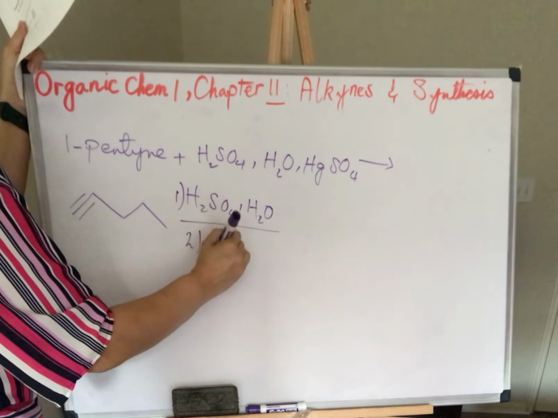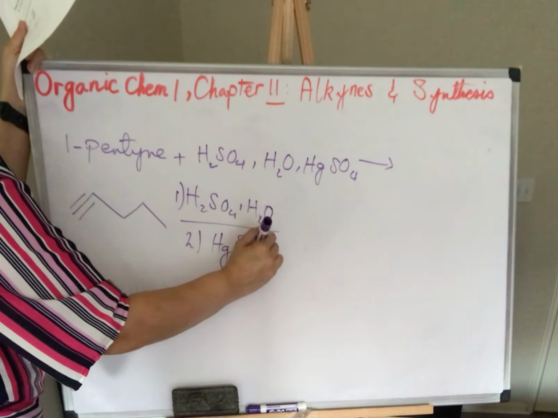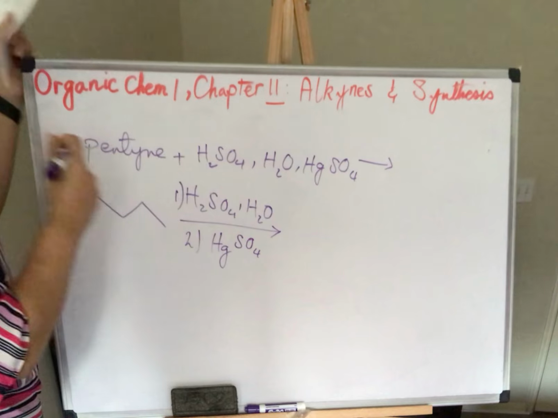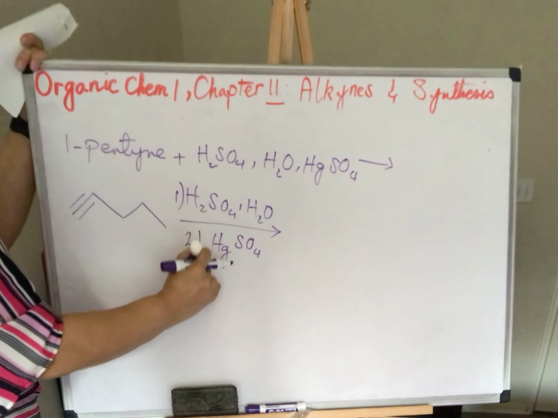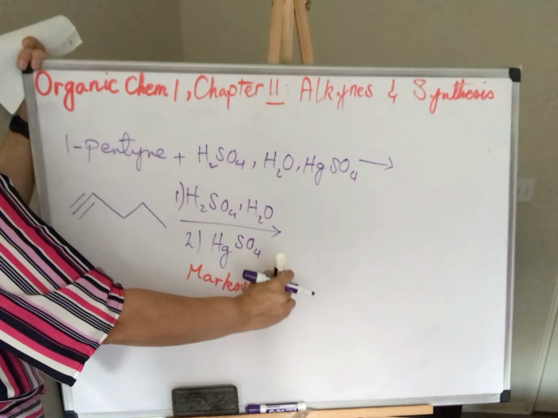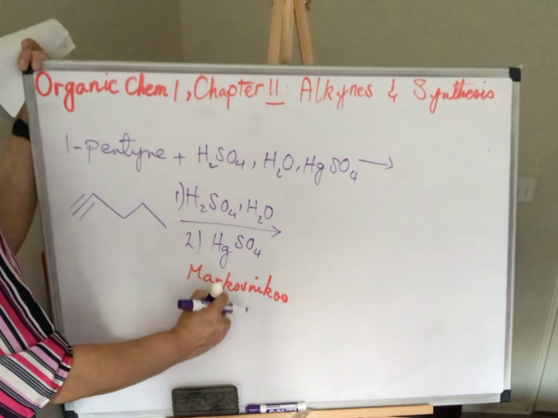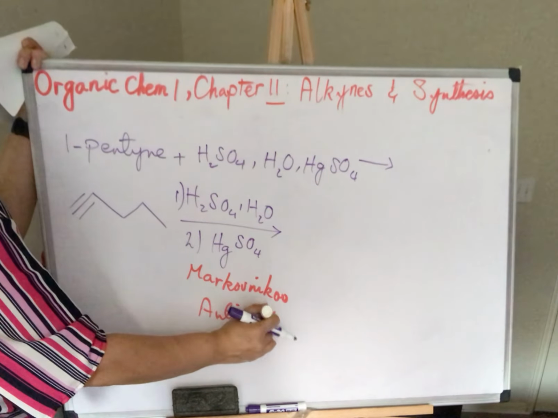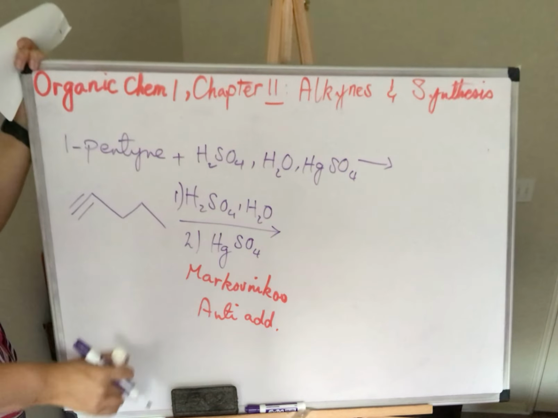And we have mercury-2 sulfate. So we have mercury-catalyzed. Please write these while you are studying and practicing. This is Markovnikov, and it's an anti-addition. So we have to apply these facts.